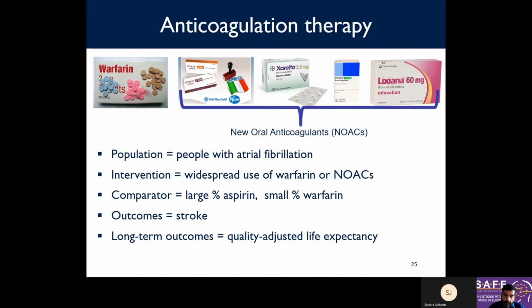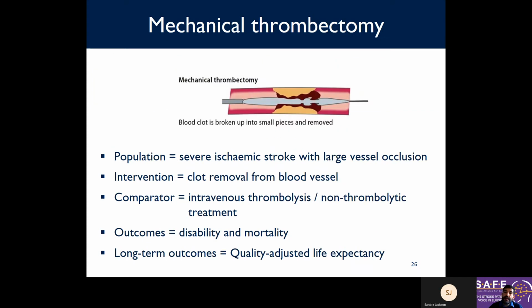So the main outcome of treating patients with anticoagulation therapy is to prevent stroke. And in our modeling exercise, our outcome would be quality adjusted life expectancy over 5 years. Another treatment we looked at was mechanical thrombectomy for people with severe ischemic stroke with large vessel occlusions, using mechanical thrombectomy as an acute treatment to remove the blood clots in a patient's vessels in the brain.